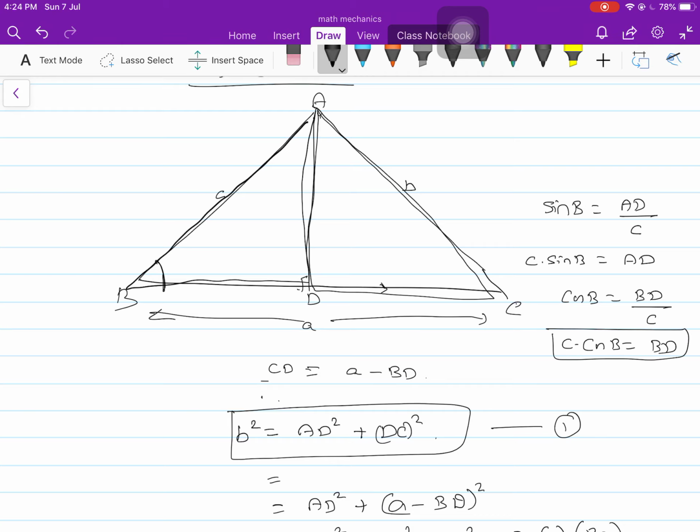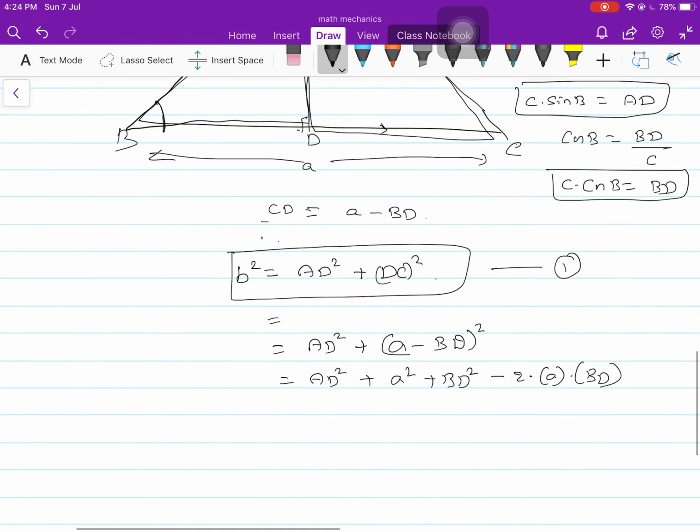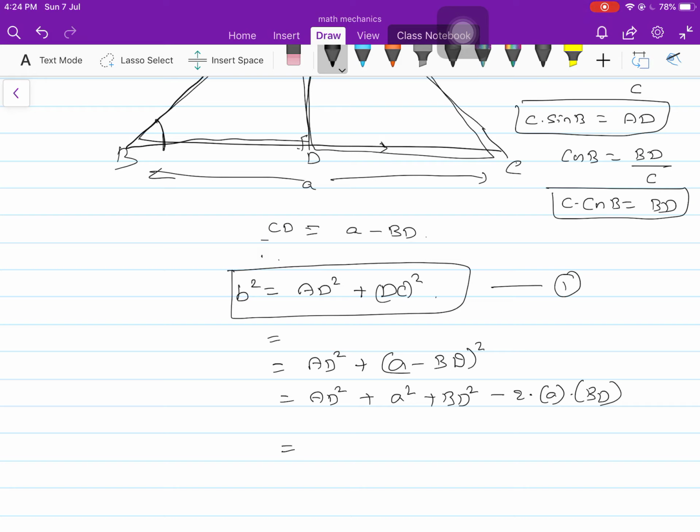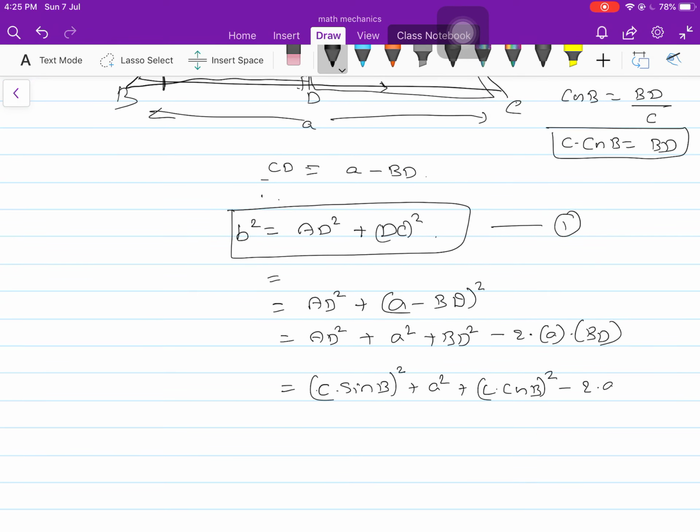So we are going to use these two and substitute there. Okay, so substituting, AD is what? C times sine of angle B, the whole thing square, plus A is as it is. So BD happens to be C times cos of angle B, the whole thing square, minus 2 into A into BD is again C times cos of angle B.